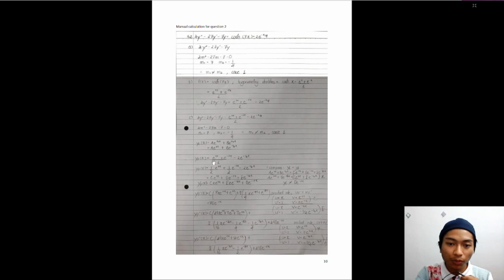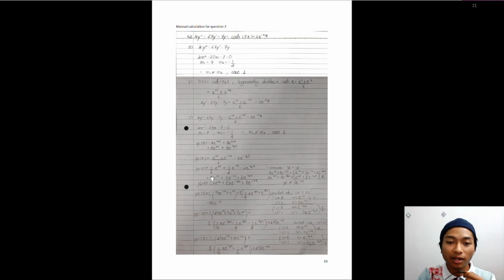Next, we need to find yp. We put in the equation e to the 7x plus e to the negative 7x, divided by 2, minus 2e to the negative 1 over 4x.